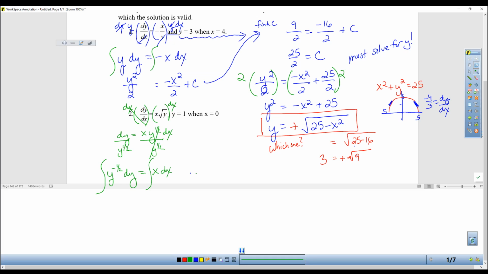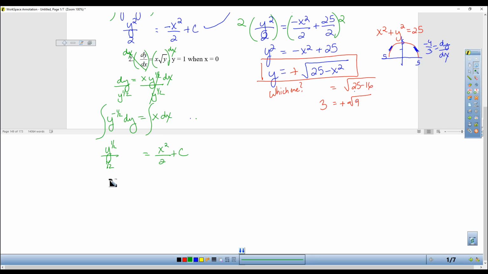All right, so integrating on this side gives me y to the positive 1/2 divided by 1/2. I'm not going to write plus c. I'm just going to do that on one of the two sides, over 2 plus c. I am going to simplify this just a little bit, and I'm going to flip and multiply. So this is 2 square roots of y is equal to x squared over 2 plus c.